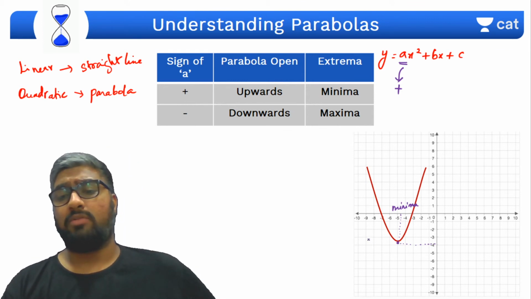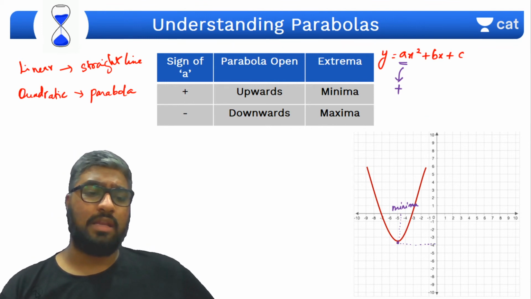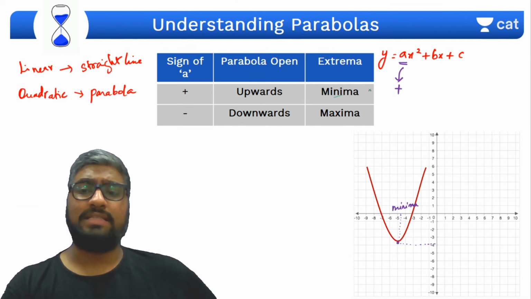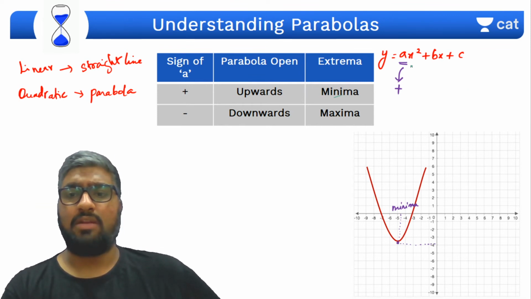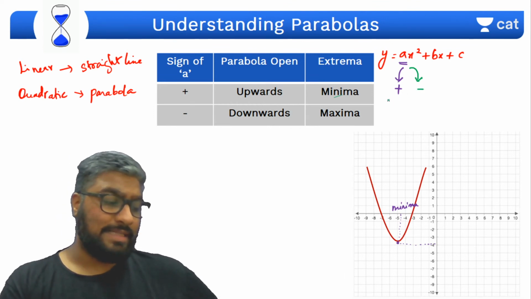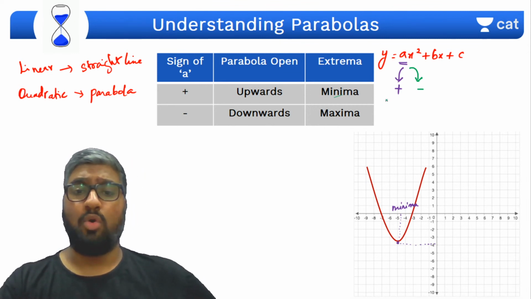Moving ahead. Now if the sign of a in the given equation is negative, then what would you end up getting? You would end up getting a parabola that is facing downwards, or open downwards.